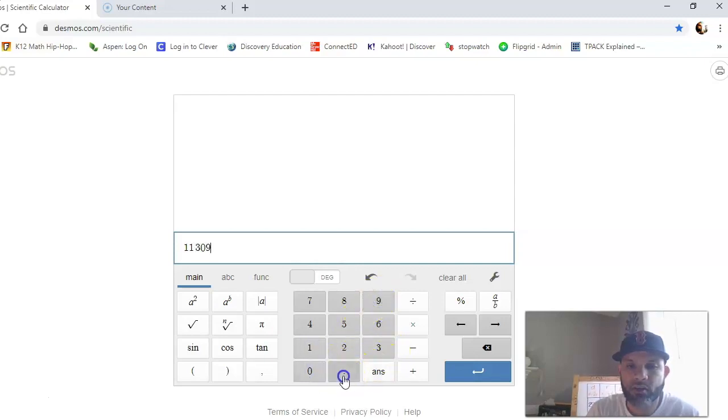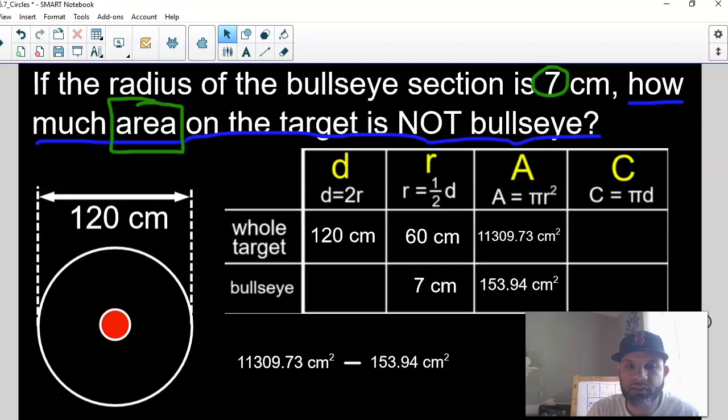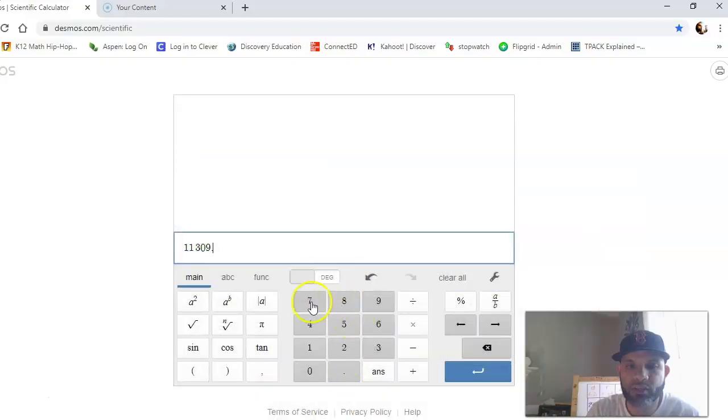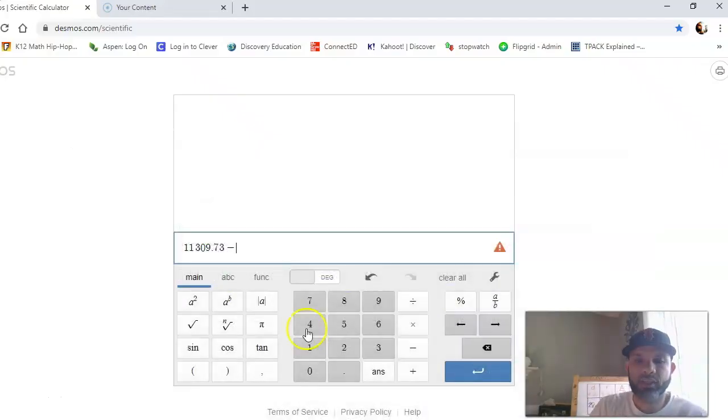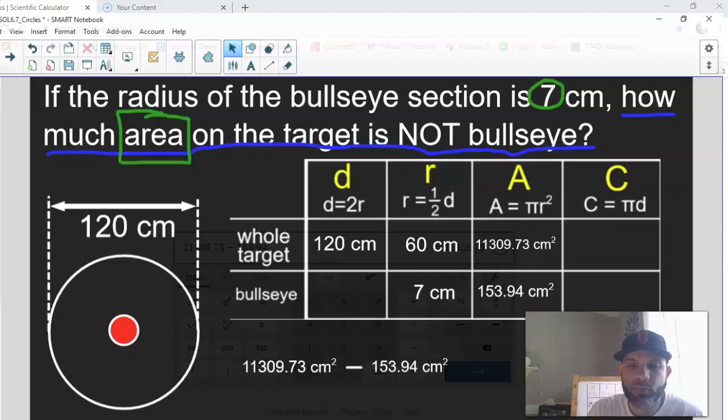Let me just make sure, 11,309.73 minus 153.94, and we get 11,155.79.